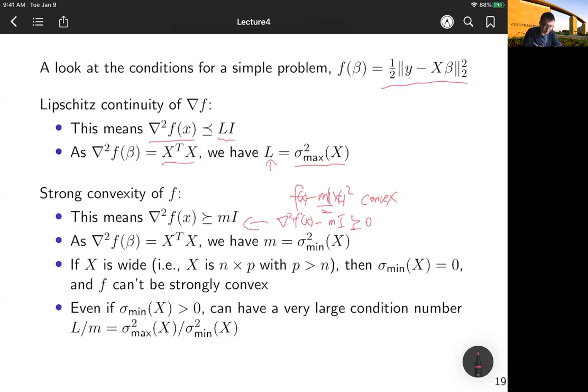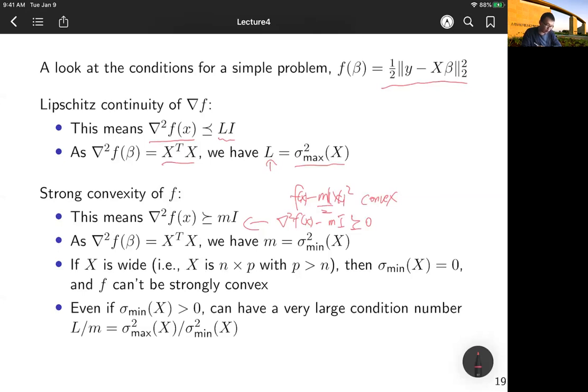So in this case, we can take m to be the smallest eigenvalue of the Hessian, or the smallest singular value squared of this design matrix X. Notice that when X has more variables than data points, so p is larger than n, this is the high dimensional case in linear regression, and then f can never really be strongly convex, unless you add additional regularization terms such as those in ridge regression.